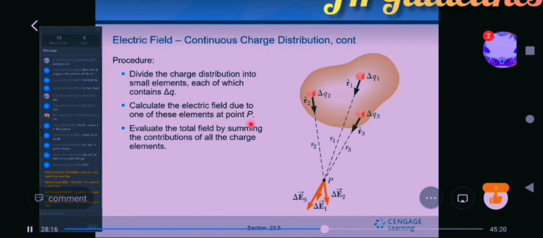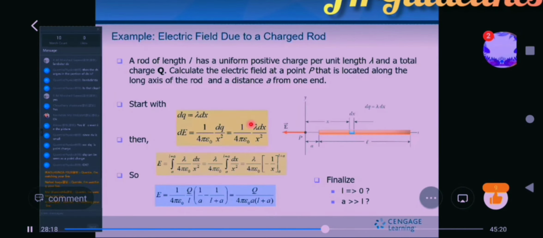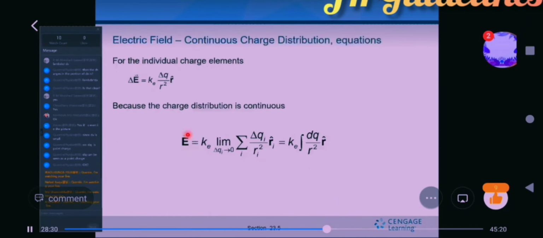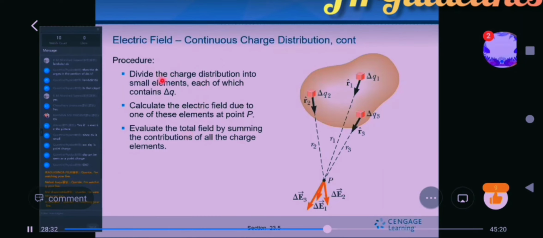Like we said in the previous presentation, we have now figured out that one portion of the charge distribution causes a small amount of electric field. So we divided the charge distribution into small elements.